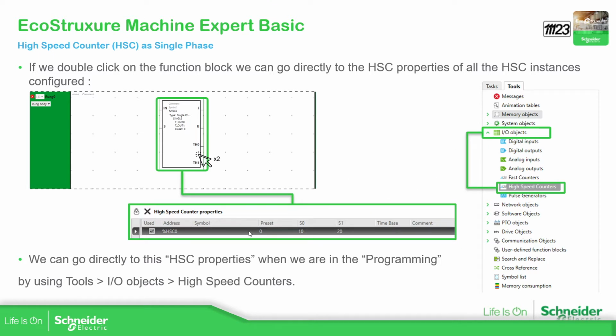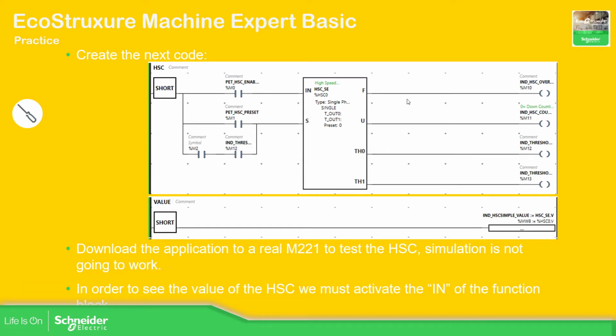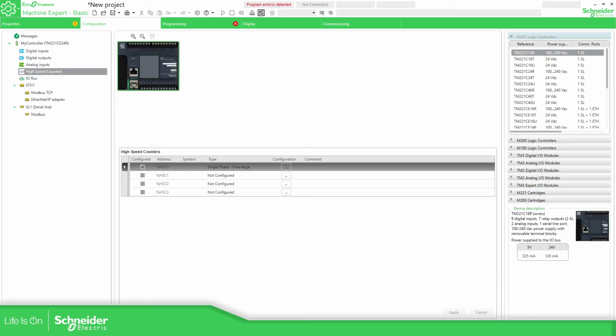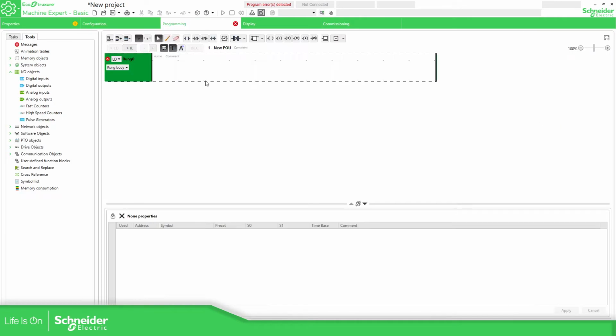The other way to access this is to go to the Tools inside the Programming tab, I/O offset and high speed counter. So let's try this code in the PLC and then download it. Let's go back here, programming.